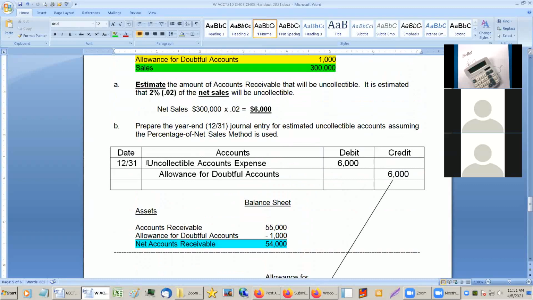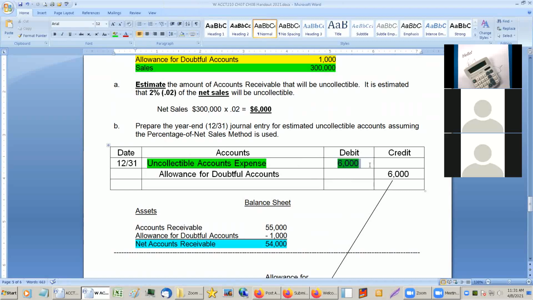And up here, in this uncollectible expense, this would go on the income statement. This would be matched up to the sales. So the sales would be 300,000. However, we are going to reduce our income by 6,000, because we say, okay, look, we're not going to collect all 300,000 of these.